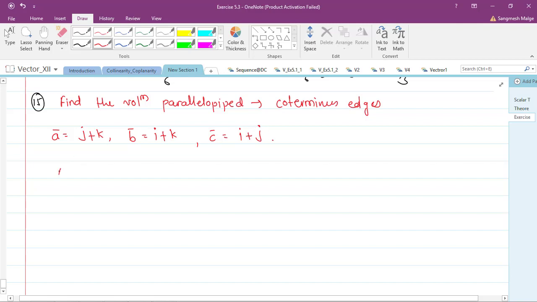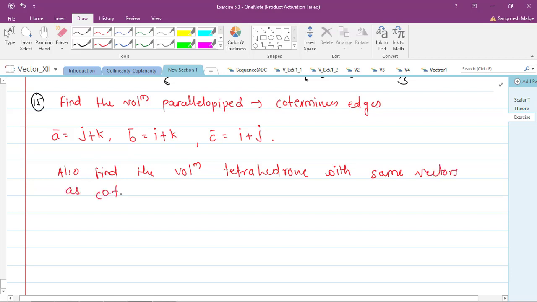The question is also find the volume of tetrahedron with the same vectors as coterminous edges.